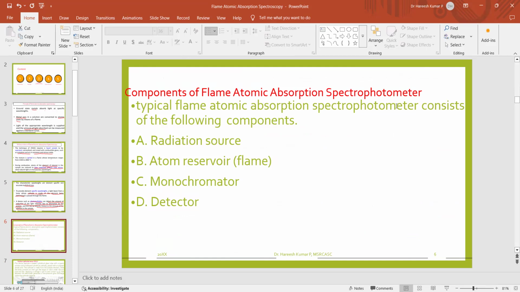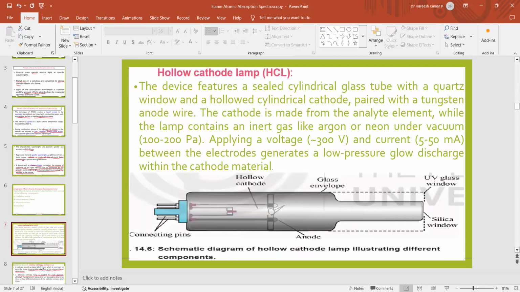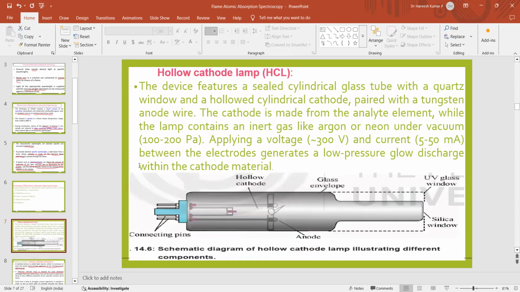Components of flame atomic absorption spectroscopy. A typical flame atomic absorption spectroscopy photometer consists of the following components: radiation source, atom reservoir, also called flame atomizer, and monochromator and detector. Let's look into the hollow cathode lamp. The device features a sealed cylindrical gas tube with a quartz window and a hollow cylindrical cathode paired with a tungsten anode wire.